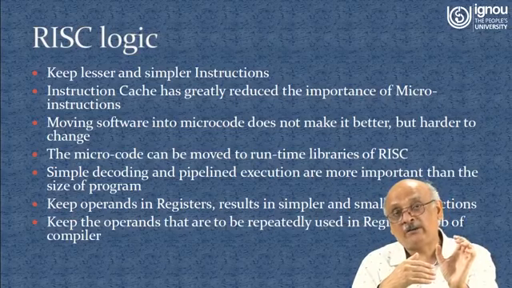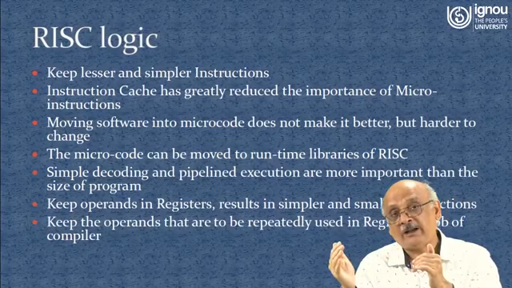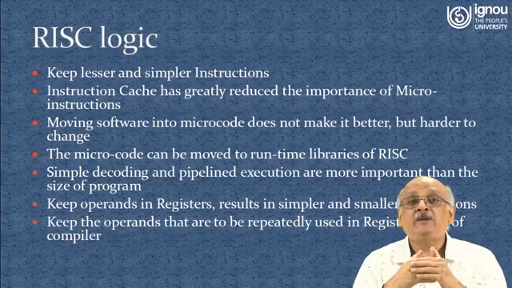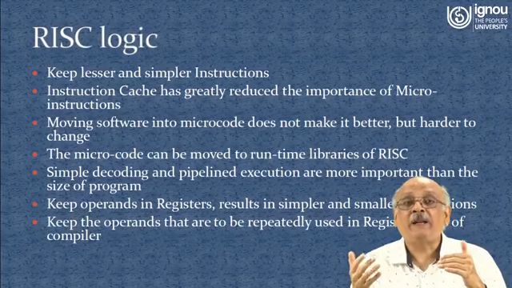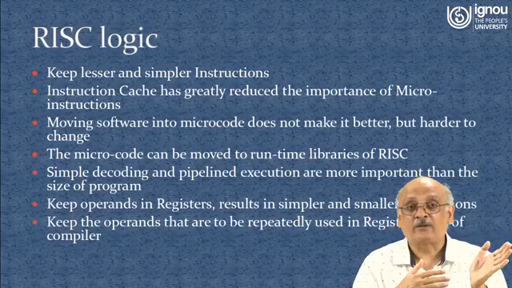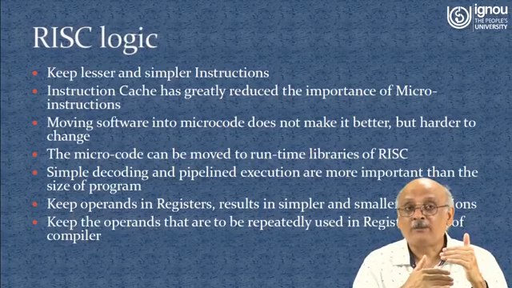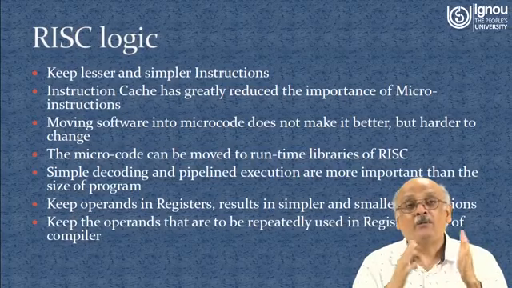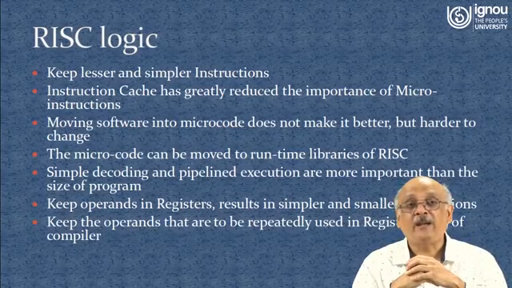So if the decoding logic is simple and we are doing pipelined execution, then it may be very, very effective compared to the complex instruction set, where we have a smaller number of instructions within a program, but the size of those instructions may differ, right? And it will be very complex to decode those instructions.